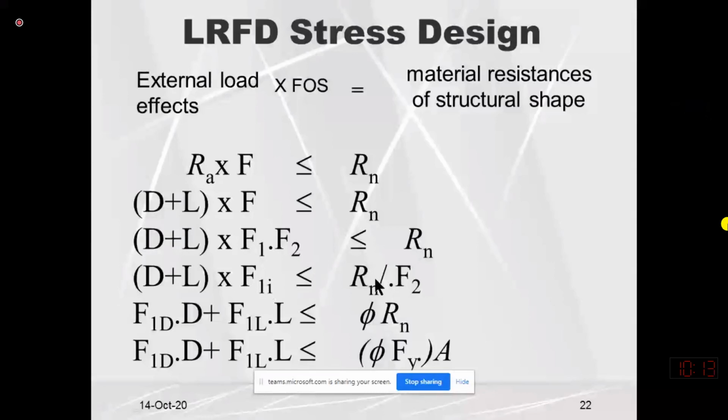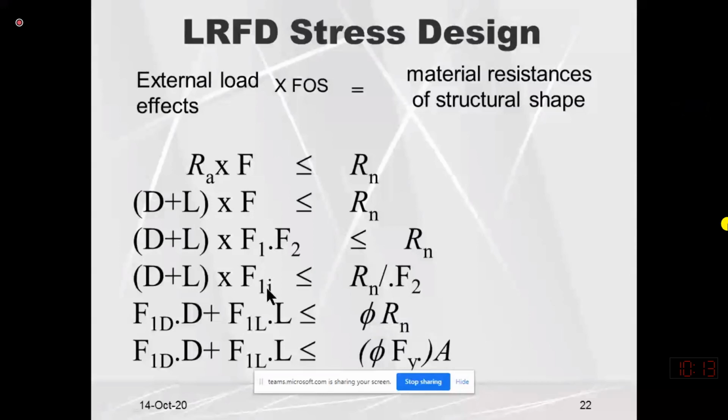Here 1 and 2 are just for reference, for your understanding. Further, if 1 over F2 is represented by phi, the value of phi will always be less than 1, and it is referred to as the strength reduction factor. On the other hand, F1 is not the same value, so I am representing it as F1i, where i is the index, meaning this is a variable.